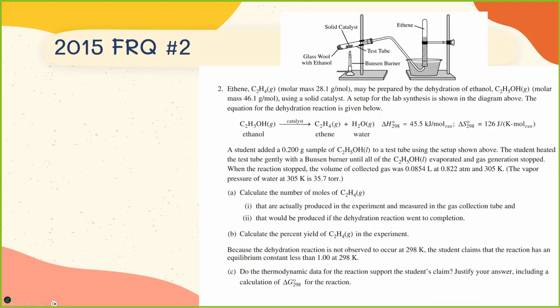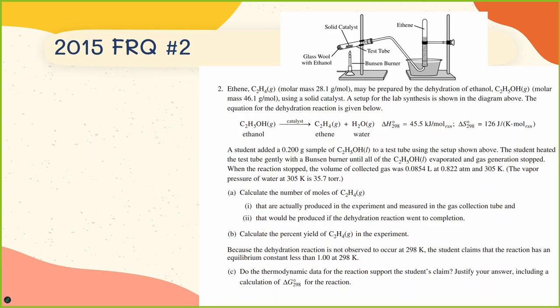All right, so this is an FRQ here. I do want to do this one, even though it's not mostly part of a lot of the heat stuff, but it is a collecting gas over water one, so I figure we should probably do this because this might appear on the AP exam.